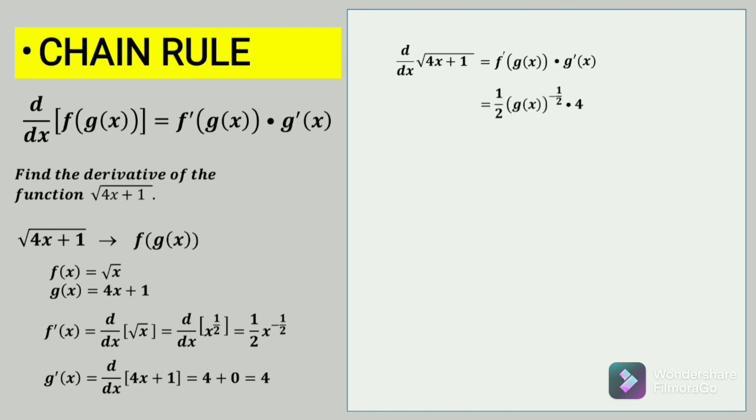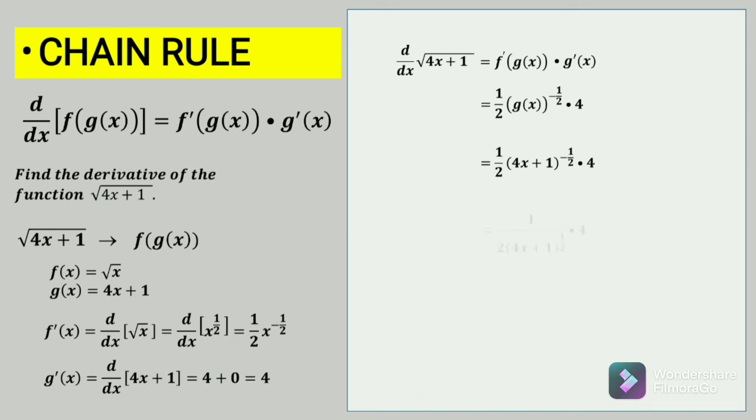Our f prime of x is 1/2 times x to the power of negative 1/2, where our x is g of x, times g prime of x, which is equal to 4. Then let's substitute the 1 over 2. Then our g of x is 4x plus 1 to the power of negative 1/2 times 4.